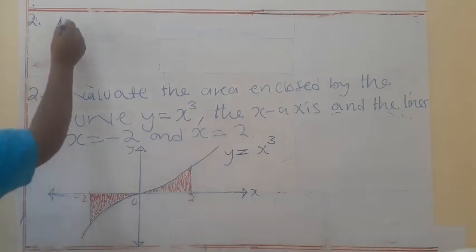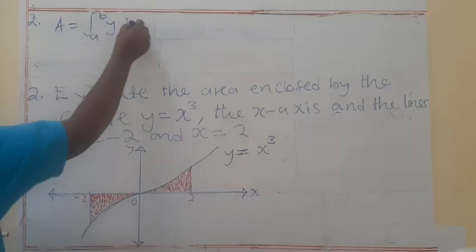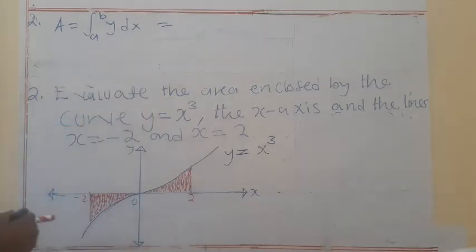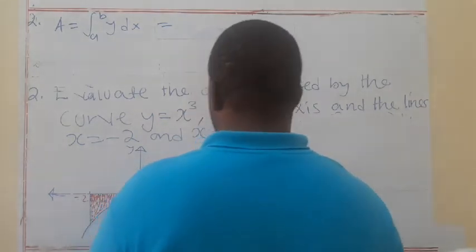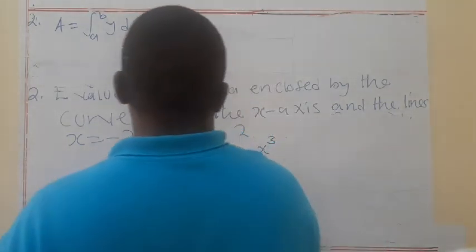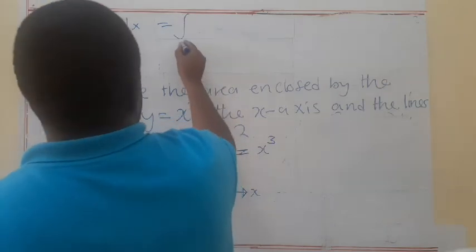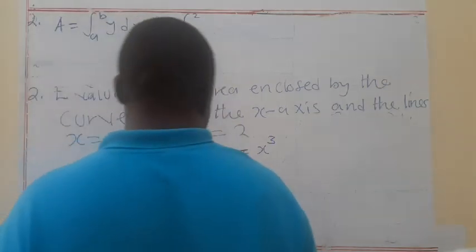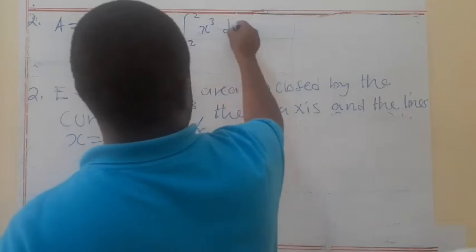By definition we are supposed to have the integral from a to b with respect to x. This simply means this is the region that we want to find from here to there. So we integrate from negative 2 to 2, x to the power 3 with respect to x.